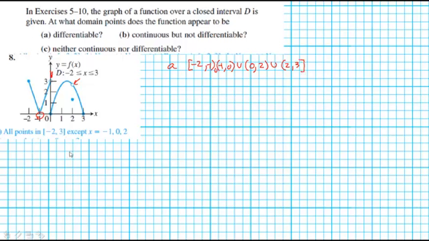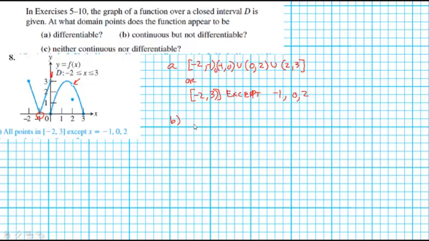Now you can see they wrote the same thing down. They have this same answer from -2 to 3, but except for the spots that I've mentioned: -1, 0, and 2.